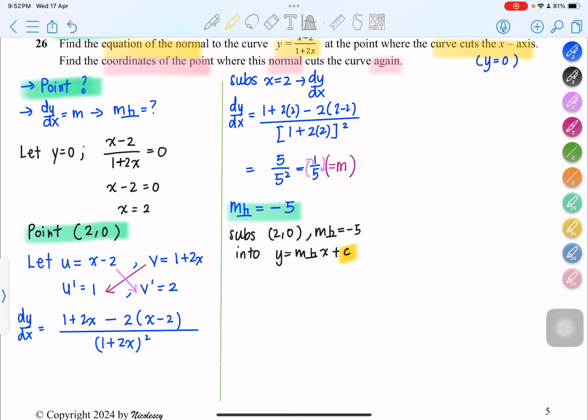So 0 equals negative 5 multiplied by 2 plus c, so c equals 10.